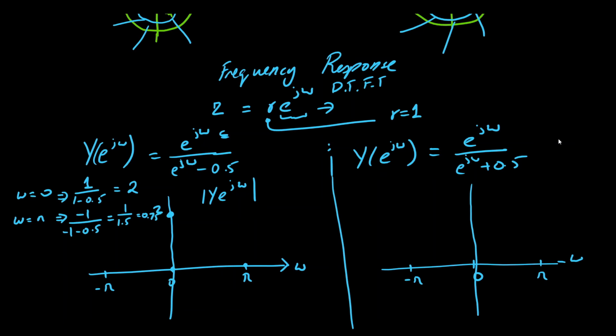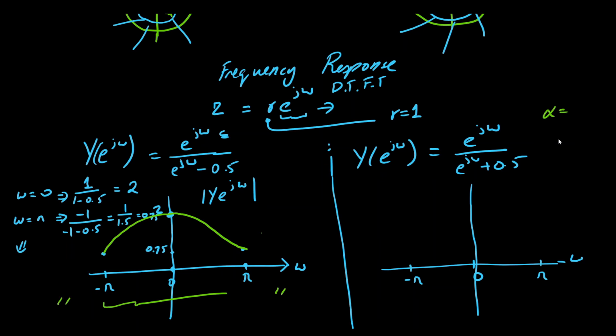So at this point we simply have 0.75, which is over here. And similarly the same would be for minus pi, and hence we would have 0.75. So the magnitude response would simply be like this, and after pi we would have the same thing repeated over here and here.